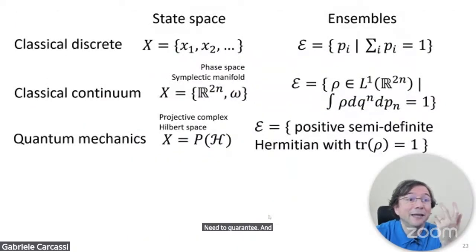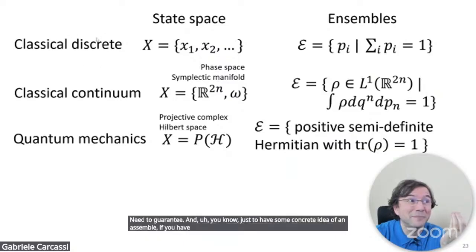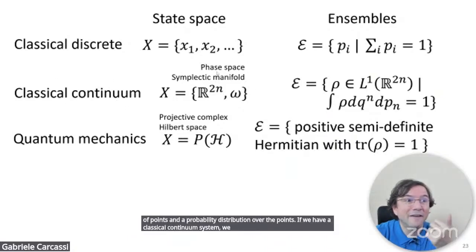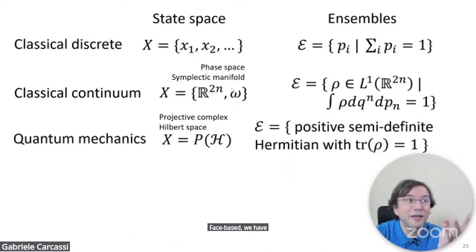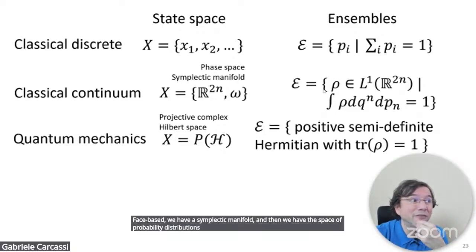And just to have some concrete idea of an ensemble, if we have a classical discrete space, we are going to have a series of points and a probability distribution over the points. If we have a classical continuous system, we have a phase space, a symplectic manifold, and then we have the space of probability distributions over that manifold. And if you're in quantum theory, you have a projective Hilbert space for the set of states.